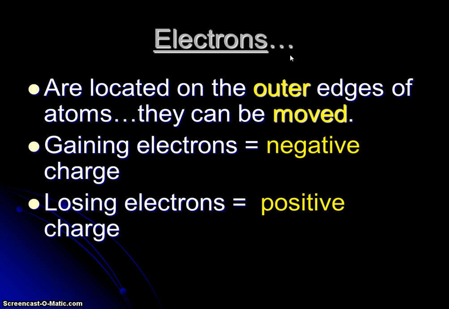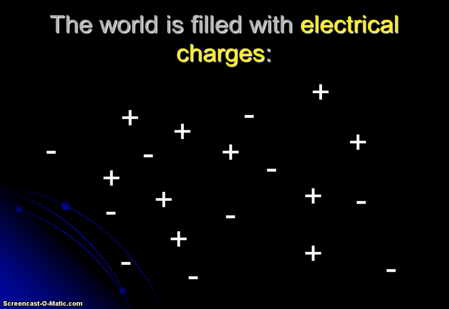And the place where those electrons came from, the thing that lost electrons, is going to be positively charged because it has now more positive protons than negative electrons. So there are electric charges everywhere, because electrons are moving around from place to place, causing these charges to occur.